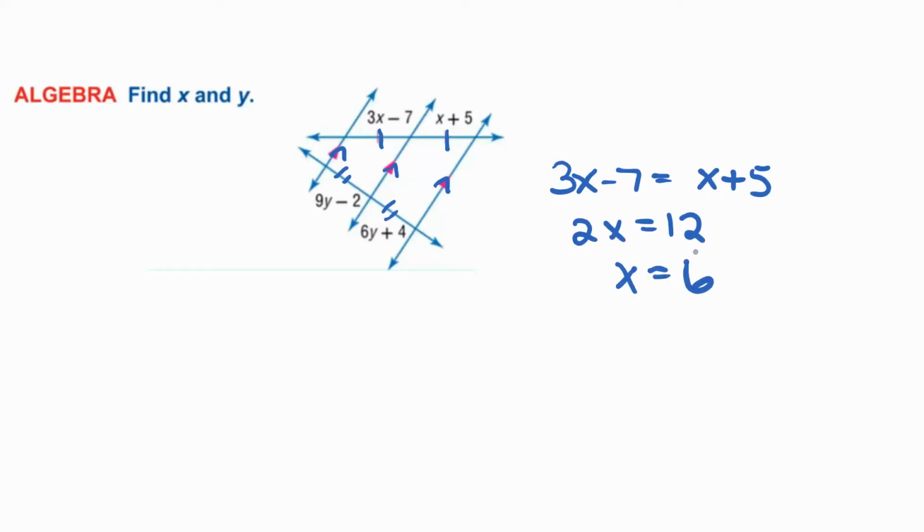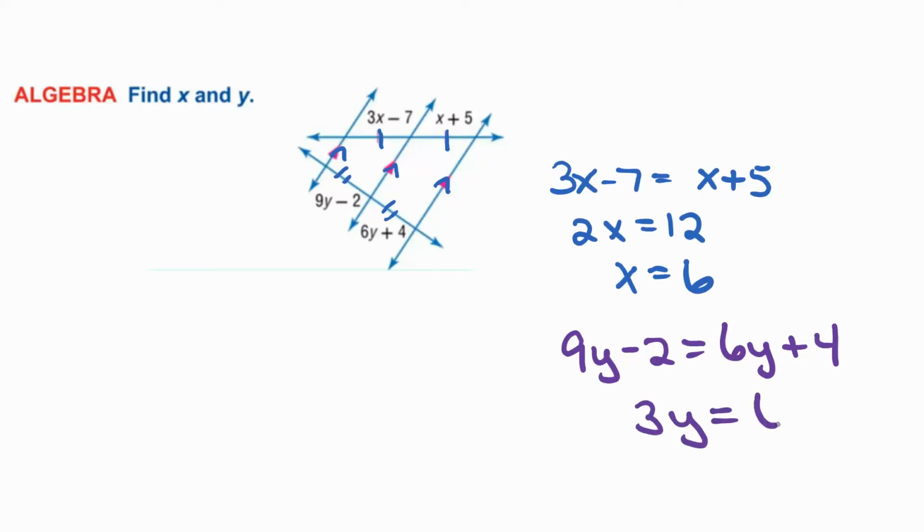And we have x equals 6. Solving for y, we have that 9y minus 2 equals 6y plus 4. And y equals 2.